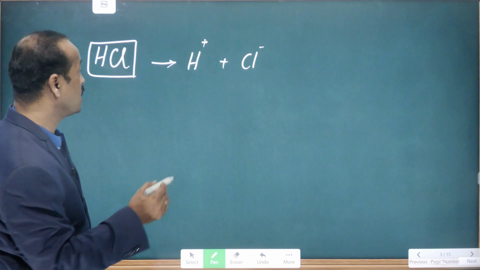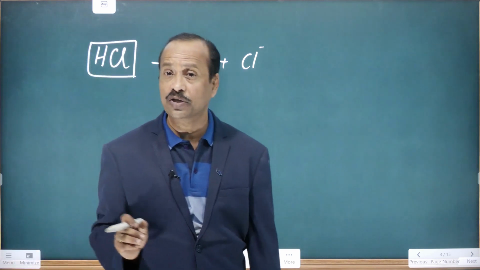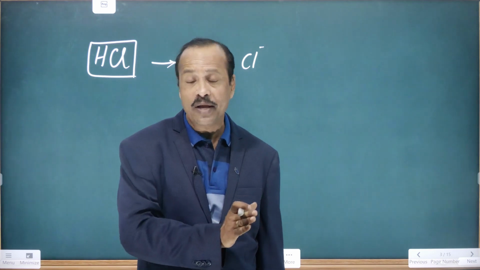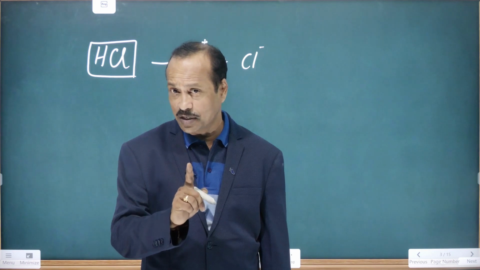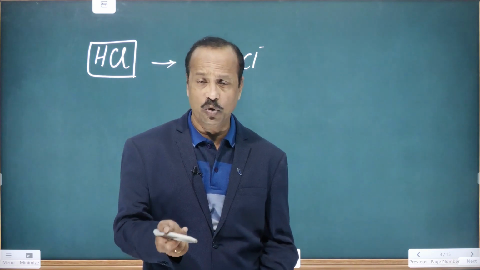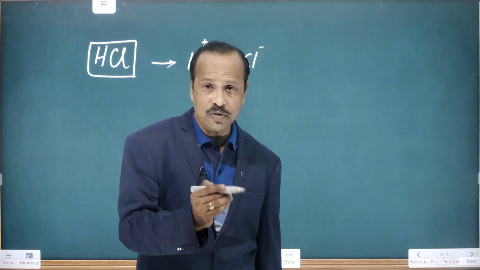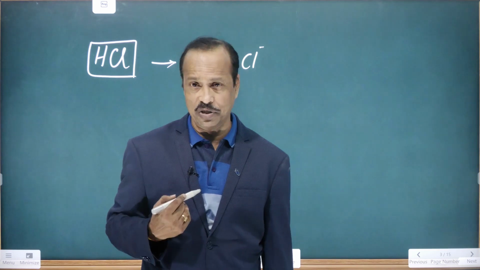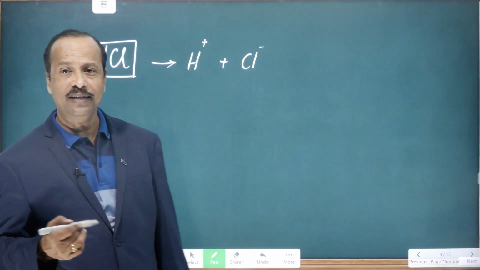Why? Because you know that the atomic number of chlorine is 17. So the electronic configuration we write is 2, 8, 7. In the last shell, only 7 electrons are there. So to attain stability it requires one more electron, so it takes one electron from hydrogen. Hydrogen is losing one electron, so it becomes positively charged, and chlorine is gaining one electron, so it has a negative charge.